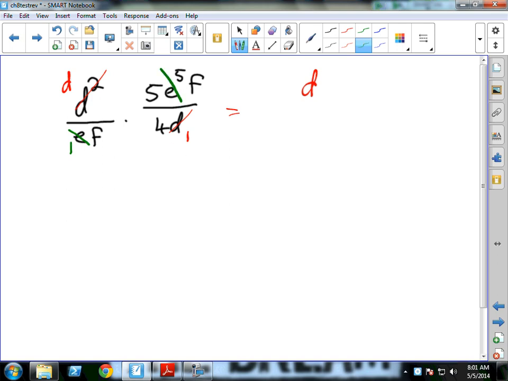The e to the fifth in the numerator is going to become e to what power? E to the fourth. Nice, good. So that's an e to the fourth. And then the f's, we're going to get the f out of there. And then there's just a 5 left. Wait a minute, there's a 5 and a 4. So the 5's in the numerator, the 4's in the denominator, and that's it.